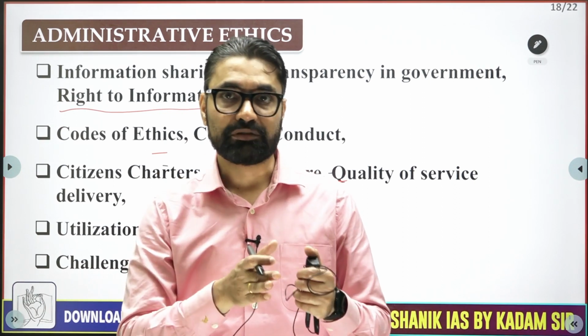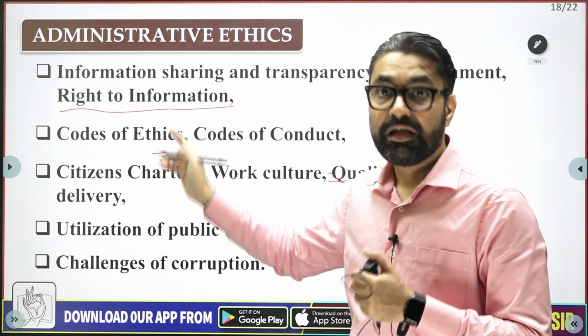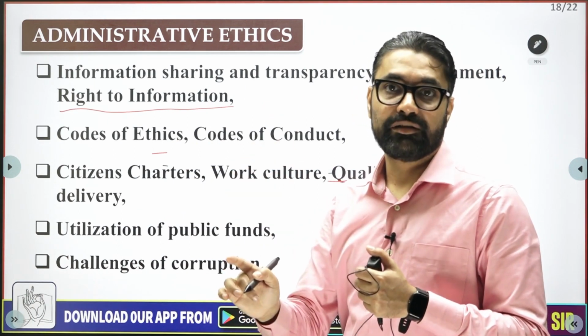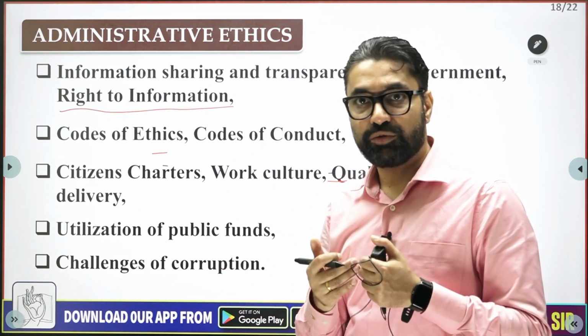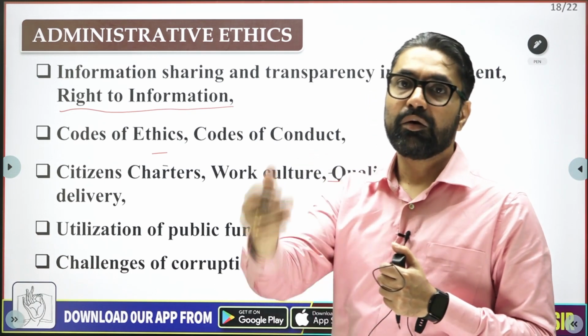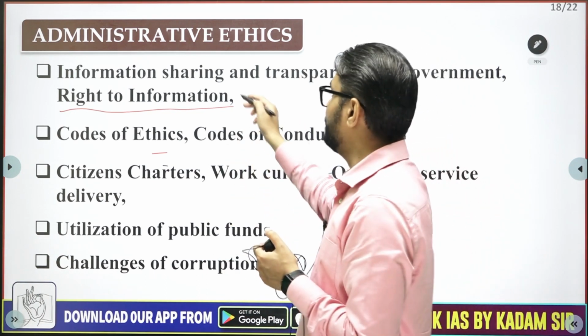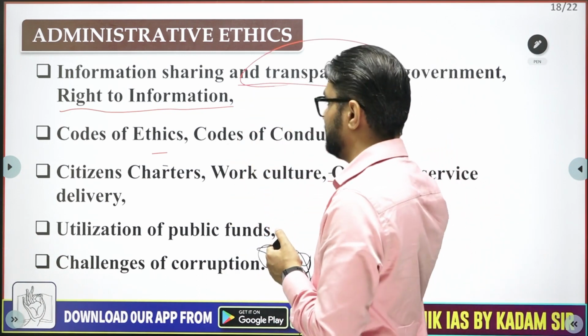And to ensure both openness and transparency, you need to have access to information, and even to ensure accountability. Okay, first you have access to information, then you can use this information and ask questions to the government, hold the governments accountable. So for both these values, guys, you need information sharing and transparency in administration.